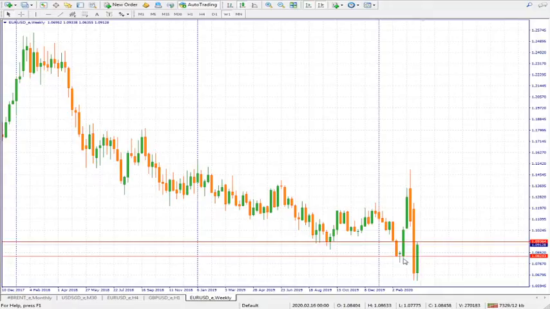Expect price to close below 1.08243. If the price closes below that zone, then that will be a confirmation that we are continuing. So you should look for a sell within the zone here.